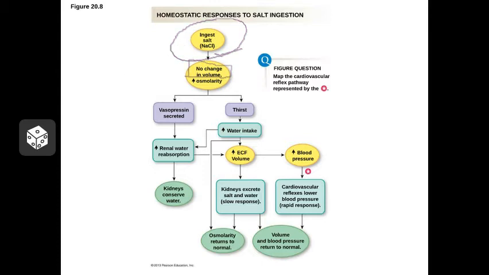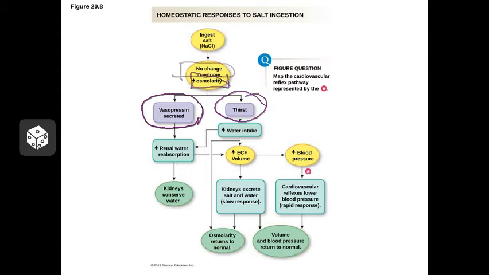So in terms of your overall plasma volume, there'll be no change, but you will have an increase in osmolarity. We know that targets the thirst center, and the hypothalamus releases vasopressin. Vasopressin increases water reabsorption. Your thirst center increases water intake.